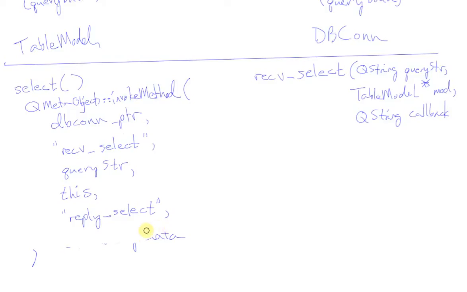This is the return data, and we're not giving the message to the DB connection object the return data. The DB object will be returning the returned QSQL query data.